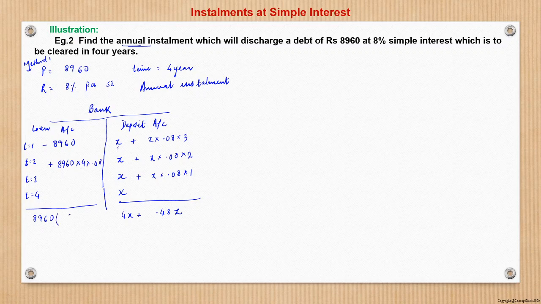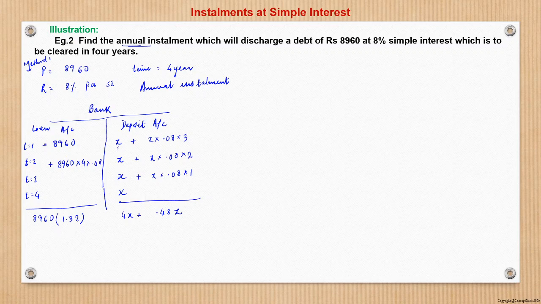So this becomes 1.32, 4 into 8 is 32, so that is 0.32, and this 8960.